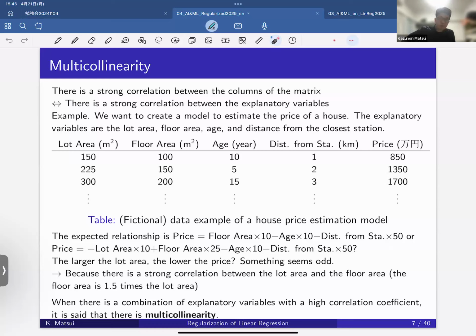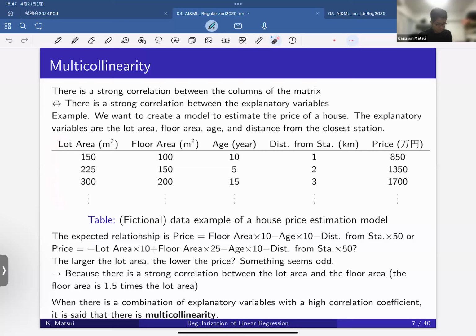For example, let's say we want to create a model to estimate house price, using explanatory variables such as lot area, floor area, age, and distance from the nearest station. Let's consider fictional data.